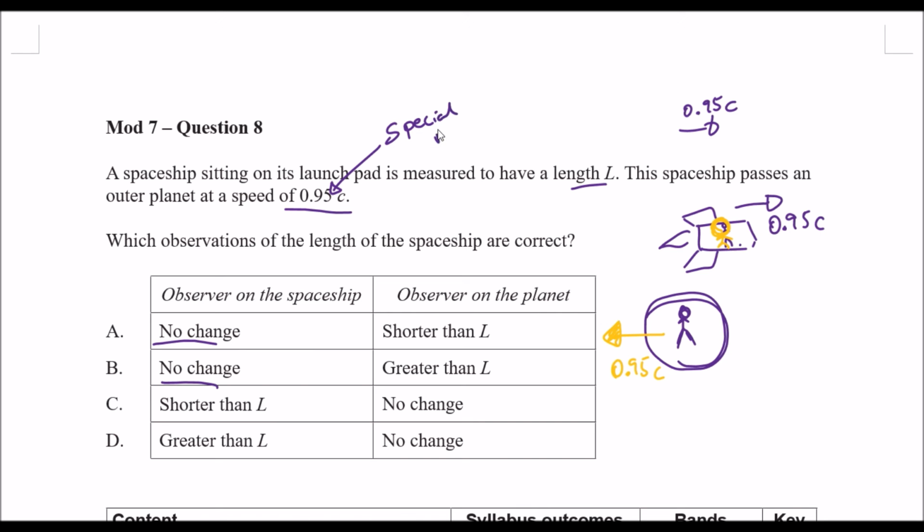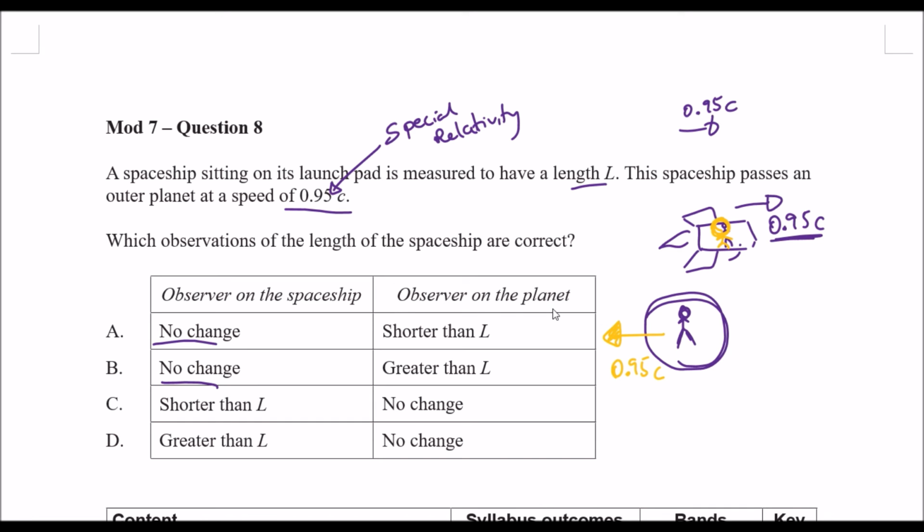The whole concept of special relativity is you can't violate two postulates. Postulate 1, the principle of relativity, holds true. So if I'm traveling at a constant speed in the spaceship, I shouldn't be able to tell if anything's happening. That's also why I shouldn't see a change.